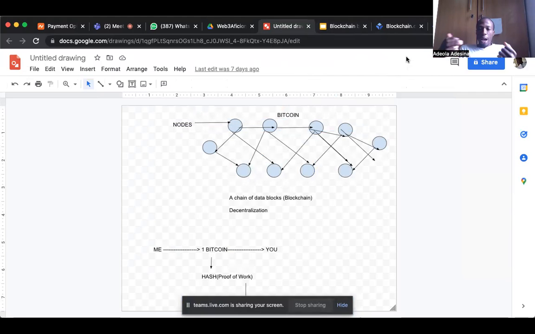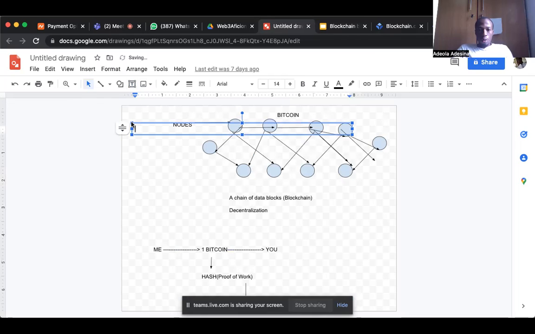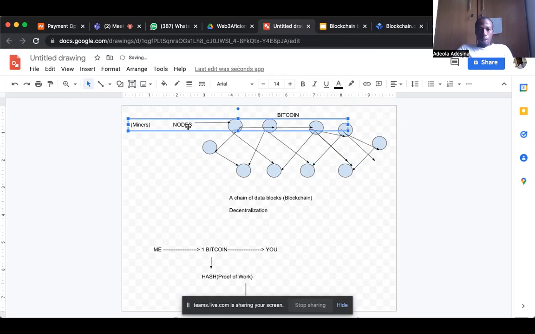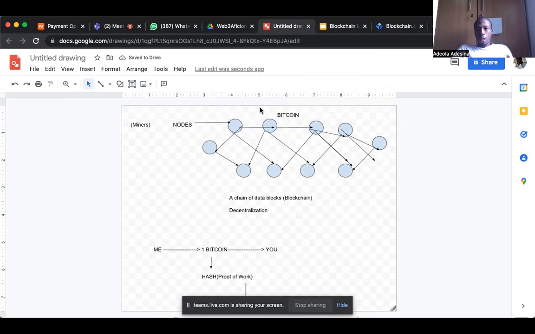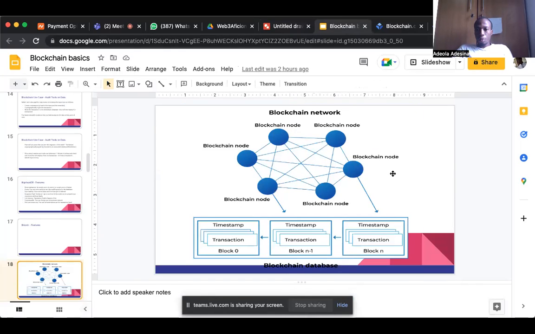And another thing you need to understand is that there are people who sit down at these nodes. They are called miners. So just note that down.